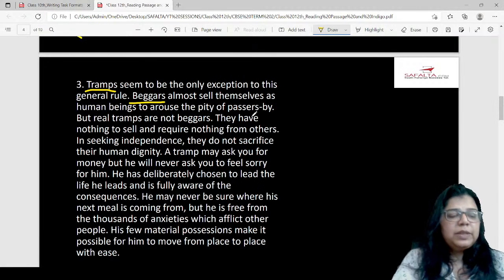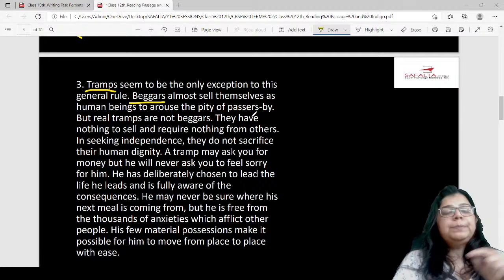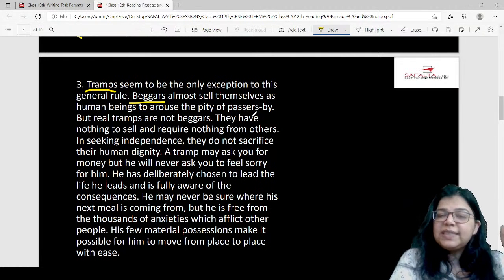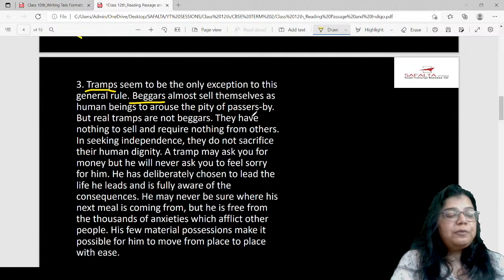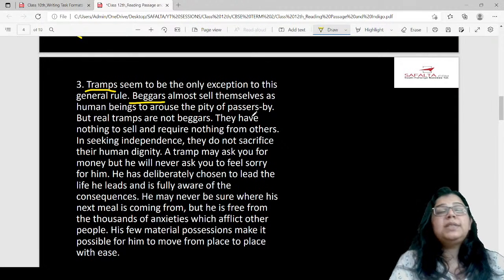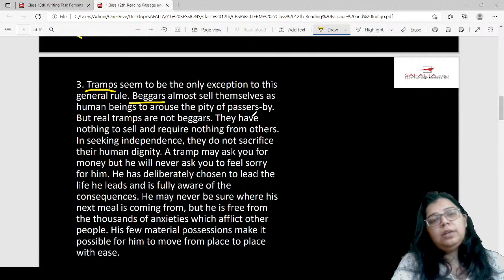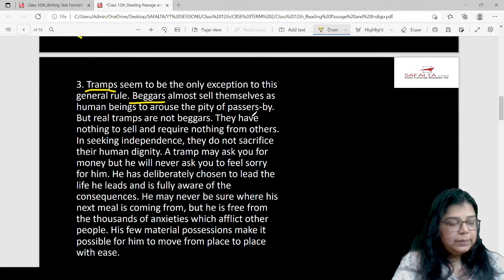So we scanned the second paragraph. We did not find the words tramp and beggar. So we went to the third paragraph and we found these words. When we found those words, that is when we read the entire paragraph and we got our answer.